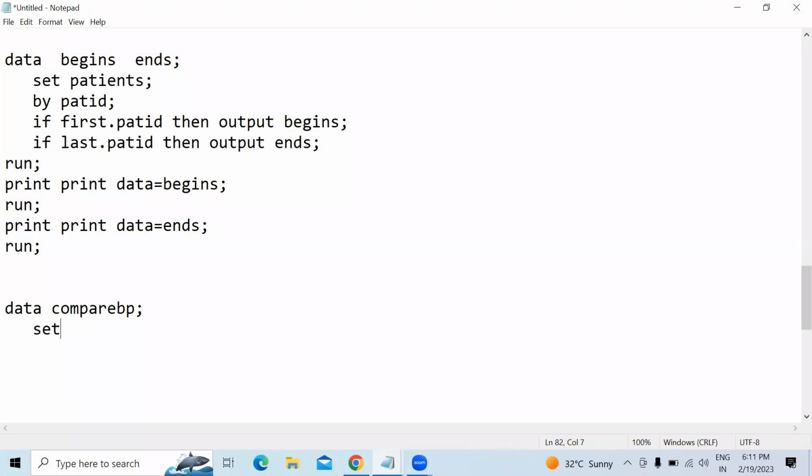Instead of applying set, let's go with match. Match begins and ends, then run it. I want to do this match based on the patient ID, by patient ID.